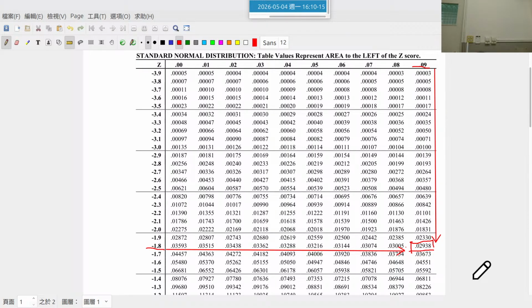One more question. Do you think the area value can be negative?